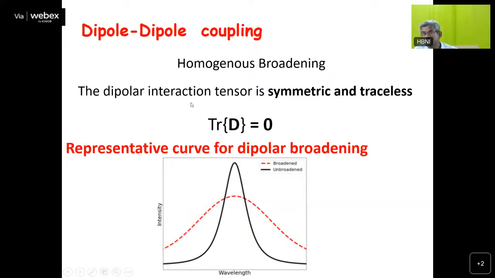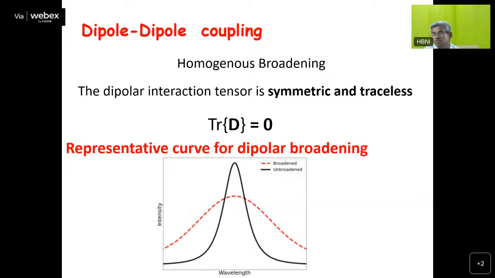The trace means if you sum all the diagonal components, we get 0 if it is a symmetric tensor. Dipole-dipole interaction is a symmetric tensor, whereas chemical shift anisotropy is an asymmetric tensor. We have a definite value of the trace.